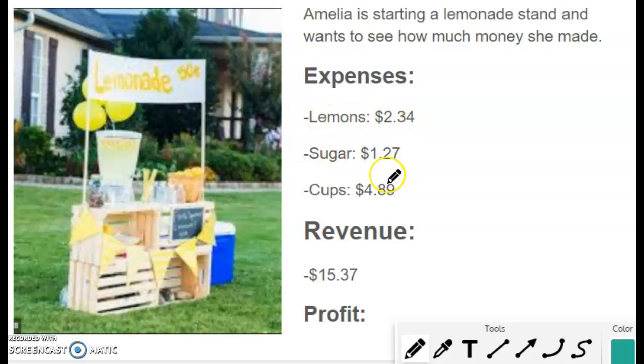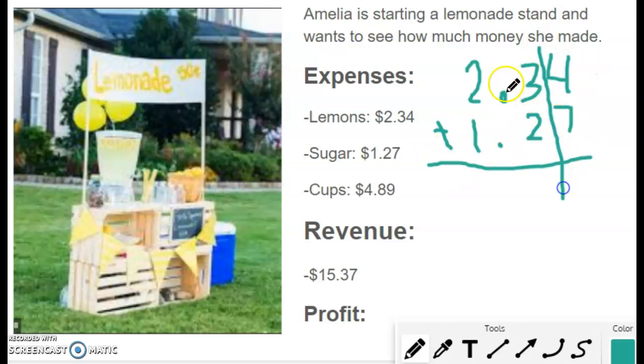So we need to add up our expenses first to see how much money she spent, and then we're going to subtract that from how much money she brought in. So let's go ahead and add these up. I want you to go ahead and pause and add them up on your own. So I have $2.34 plus $1.27.